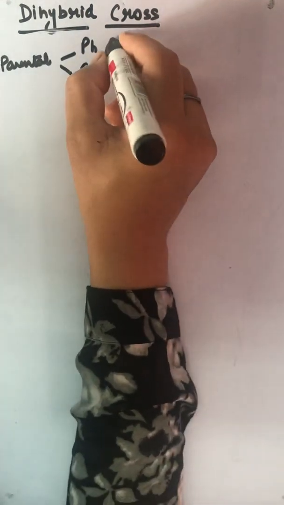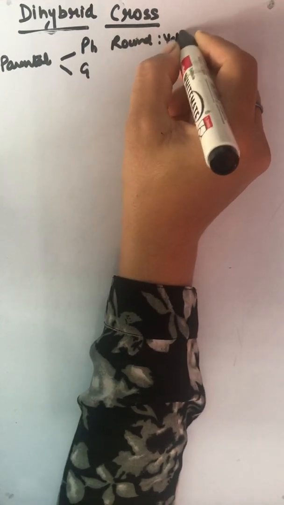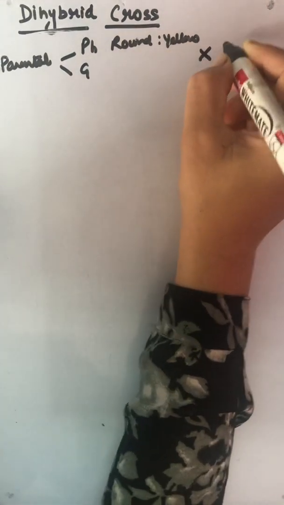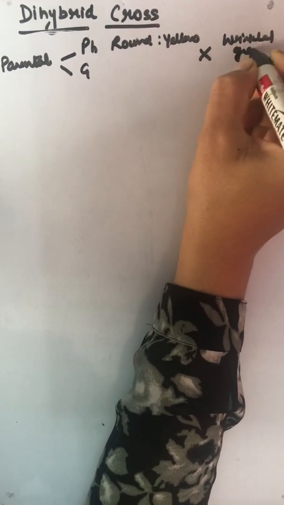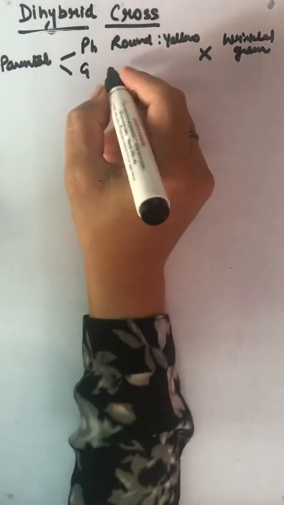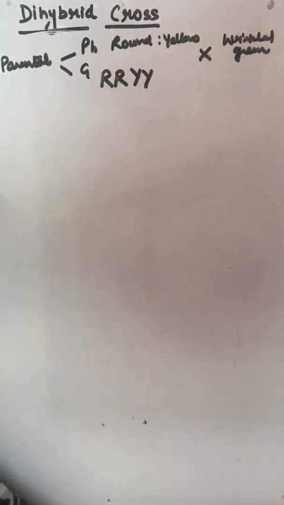It is round and yellow, crossed with wrinkled and green combination.